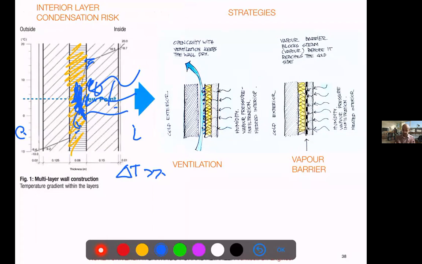We have two strategies. One is the open joint ventilated chamber, which will dry this kind of condensation, and it works well. The other is the vapor barrier, which will let the vapor in on the hot side, in this case, so it will never condense. You can combine both, of course, right?